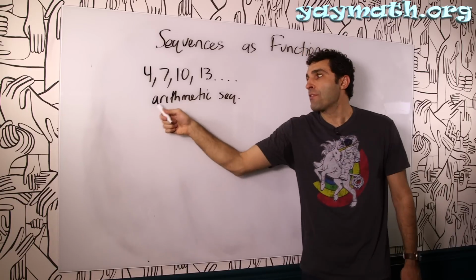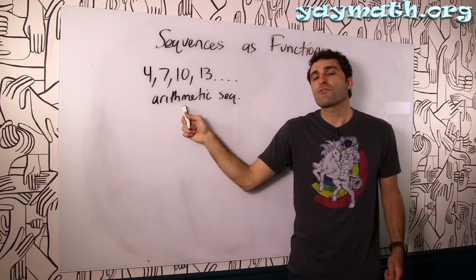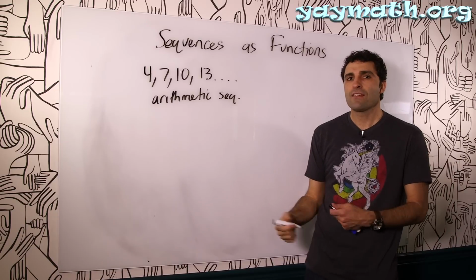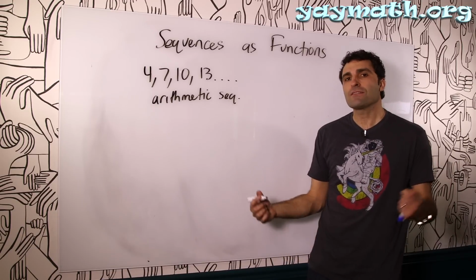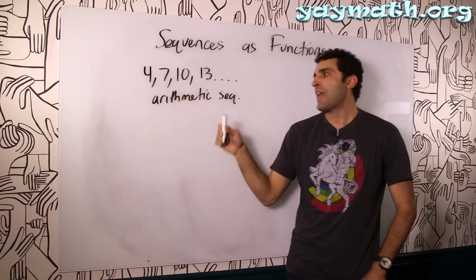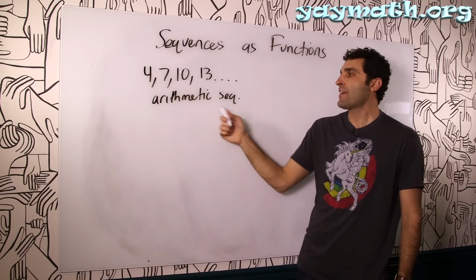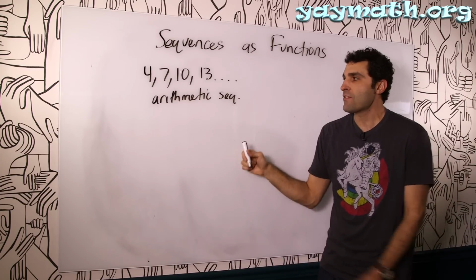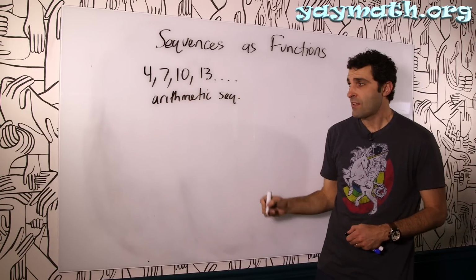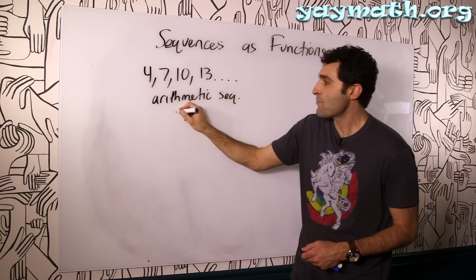Arithmetic is a noun, describing the mathematical field of arithmetic, and when you change the accent on the word, it becomes an adjective that describes this sequence. So an arithmetic sequence is a sequence that progresses by addition.